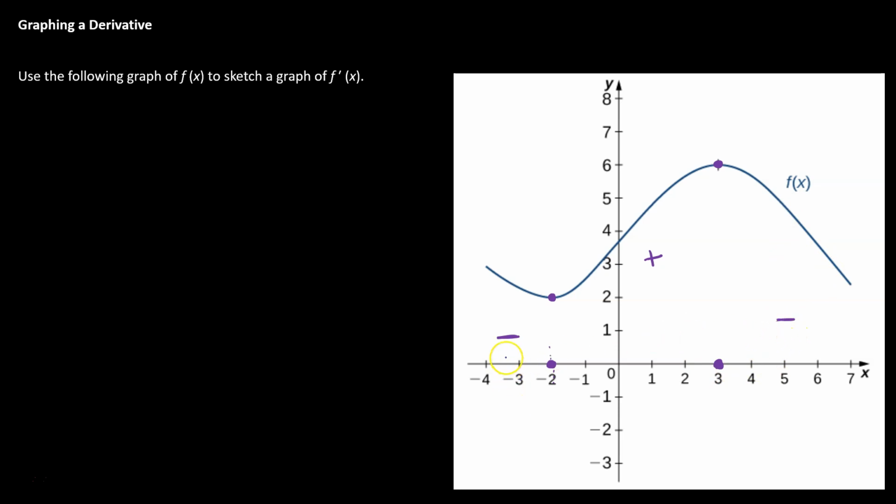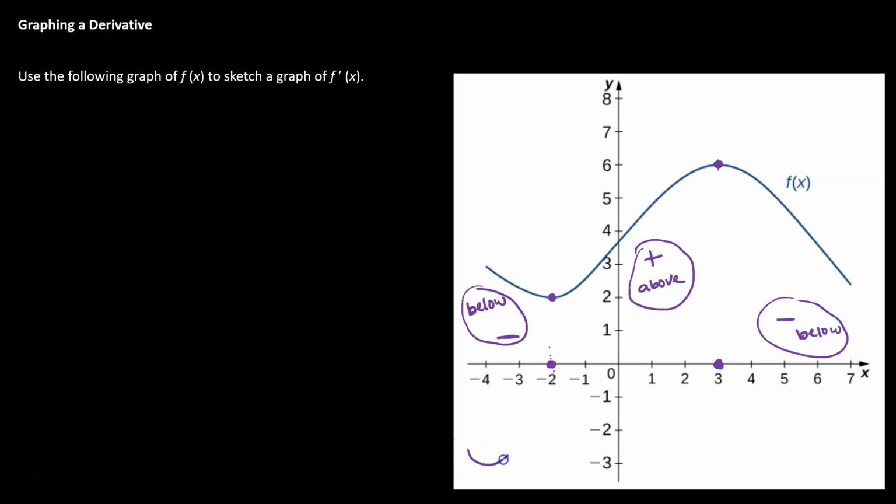So I know I'm below the x-axis here, above here, and below here. Now I have a lot of freedom to sketch the derivative function, but I have to pass through these points and I have to follow the rules that come from the signs that I've identified.